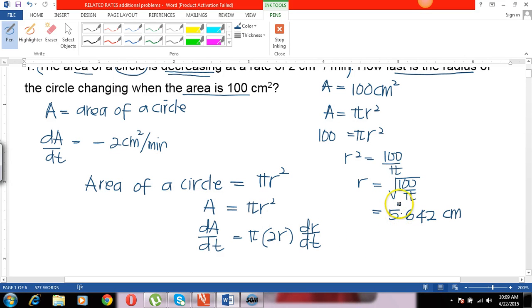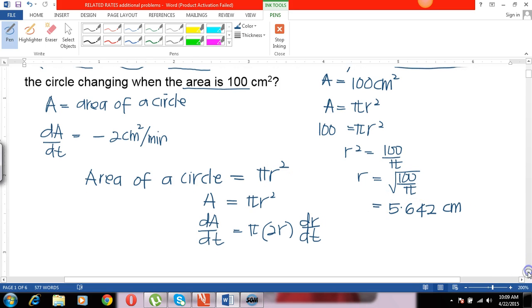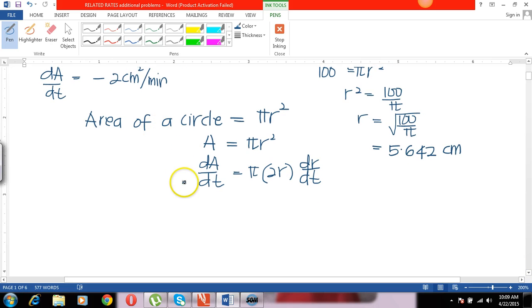We can substitute this R into the implicit differentiation from before. Then we have dA over dt equal to negative 2 cm square per minute equal to pi 2R.